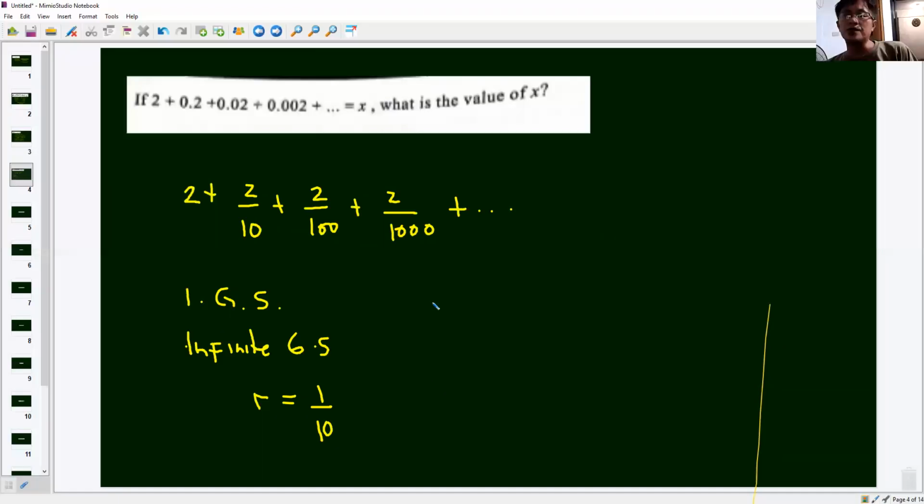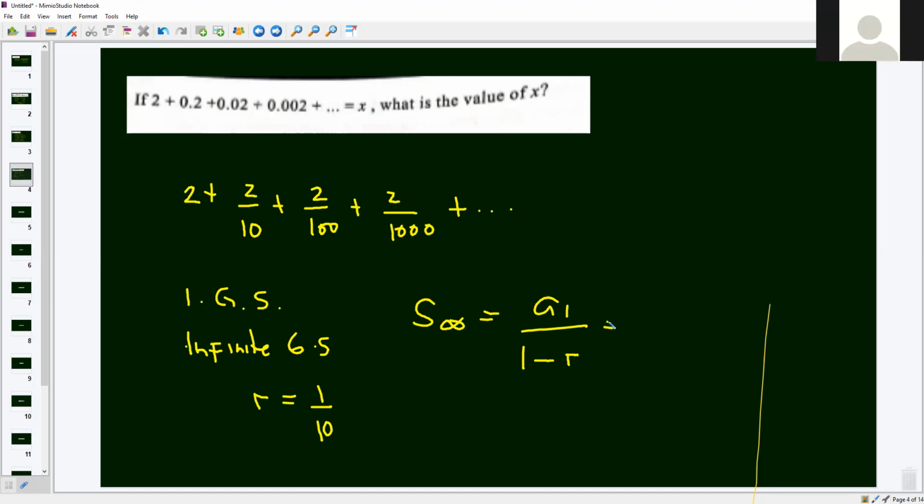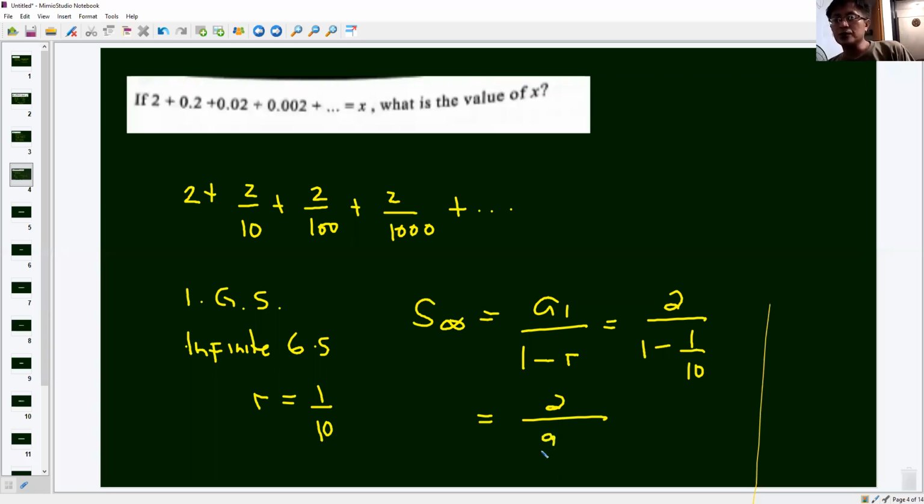And the formula for the sum of an infinite geometric series is the first term over 1 minus the common ratio. You have the first term is 2, 1 minus 1 over 10. You know, this is 2 over 9 over 10. So this is 2 times 10 over 9. That's 20 over 9. That's it.